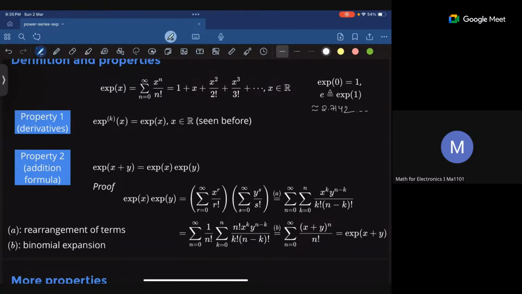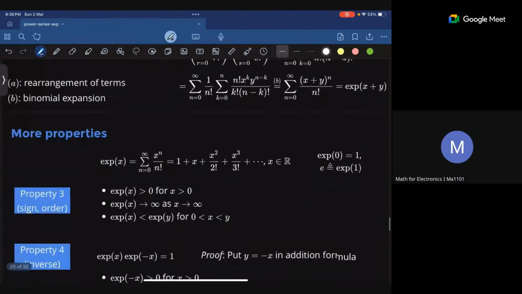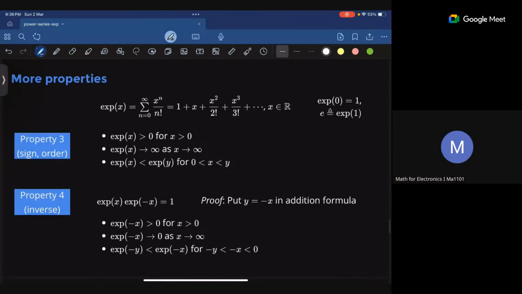And there are few more properties of exponential functions. So exponential of x plus y can be written as exponential of x into exponential of y, and proof is given here. You can go through the proof in the lecture. Okay, so this property is also important. And exponential of x is always greater than 0, right? And exponential of x tends to infinity as x tends to infinity, and exponential is an increasing function, right?